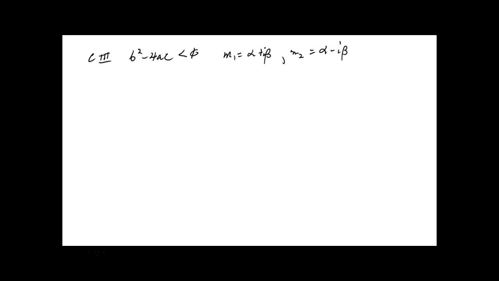Yeah. Okay. Now, those are your two solutions. So what your general solution is, y is equal to e to the alpha x, there's your alpha part, the real part, put it with e to the alpha x, times c1, there's your arbitrary constant, cosine beta x plus c2 sine beta x.